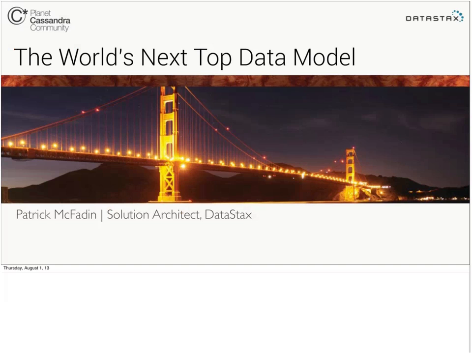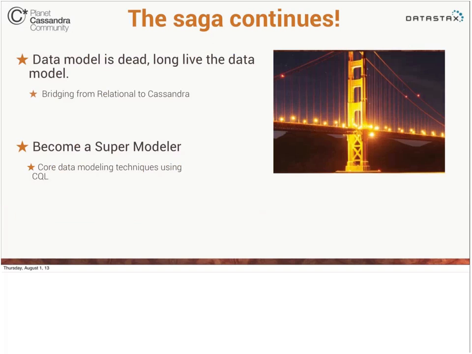Got it. Okay. So this is the third part of the series, so let's get into where we were. The first part of the series was "The Data Model is Dead, Long Live the Data Model," and it was really about bridging that knowledge gap between the relational database world and Cassandra.